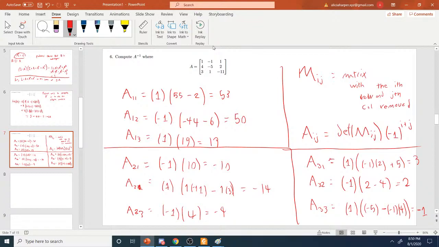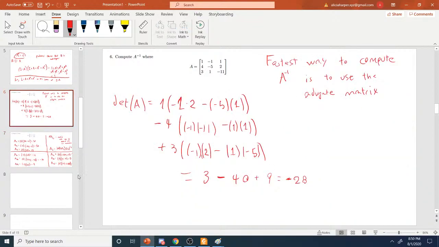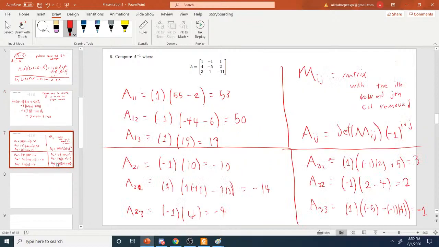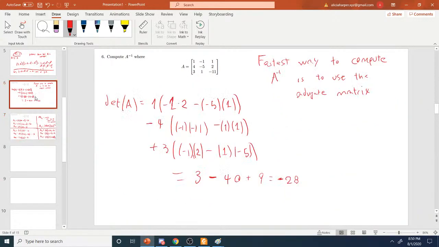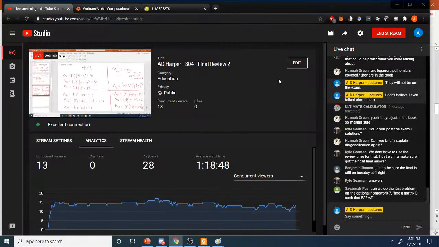All right, now I have nearly all the information I need to assemble my inverse. Let me think about this for a minute to make sure I'm okay with it. Let me look at this computation as well and sanity check myself.